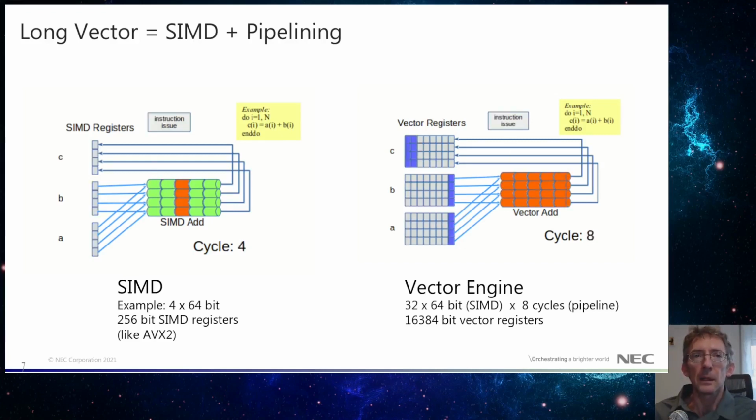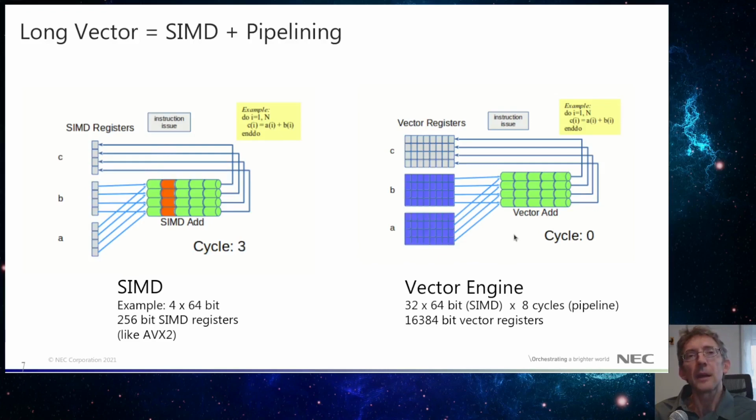And the depth of 8 cycles leads to a vector register size of 16,384 bits. So actually we have 16,384 bits, but they are processed not in one cycle, instead they are processed in 8 cycles.